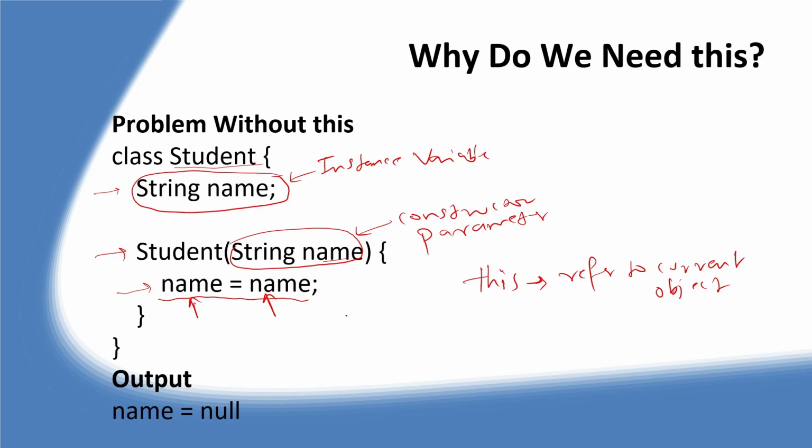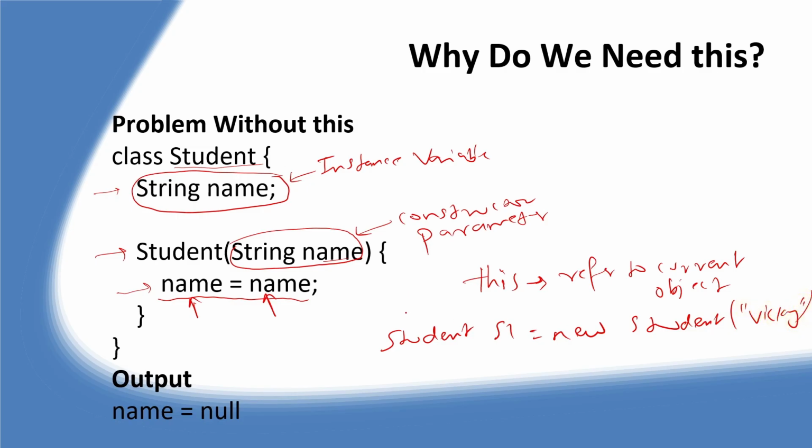So this is the Student class. Let's say Student s1 equals new Student, and we are passing, let's say, wiki.